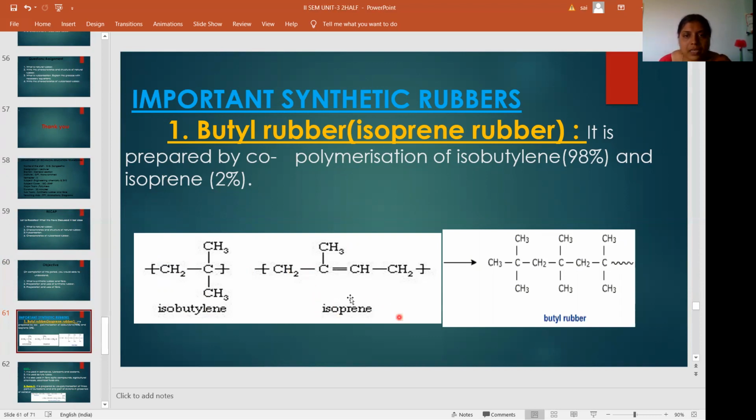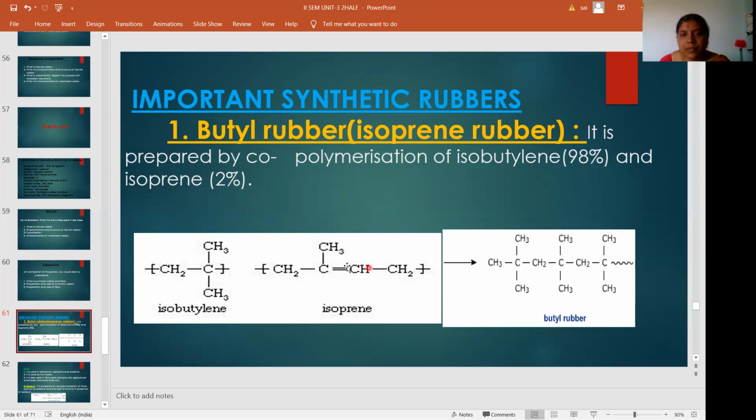This is the isoprene: CH2, C, CH3, double bond, CH, CH2. So which polymerization is this undergoing? Copolymerization. This goes on adding like this.